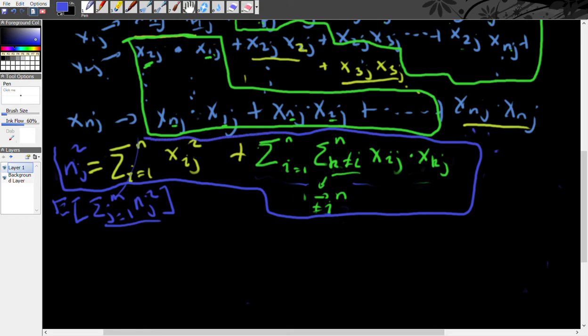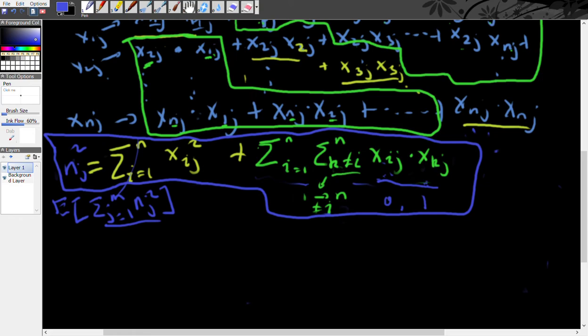So this is what we have for nj squared. I hope that you've been following up till now, because I'm going pretty slow and going into detail. To summarize, I've explained what values these can be. This can be either 0 if either of these are 0, or 1 when both of these are 1.